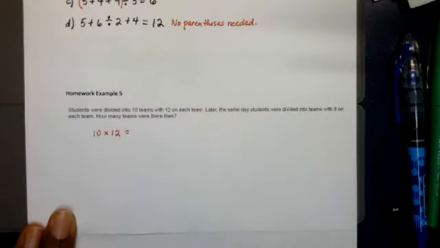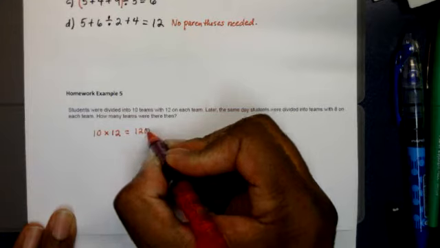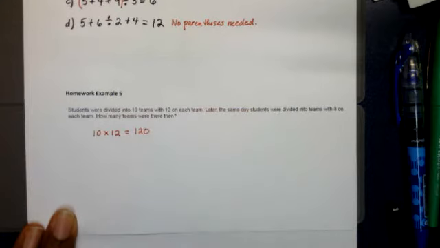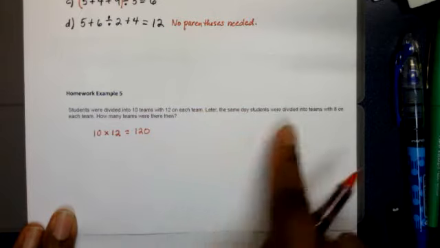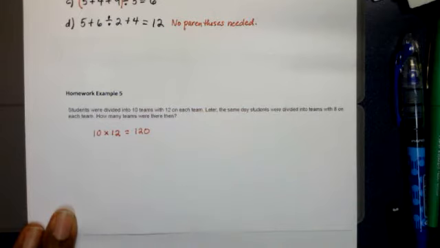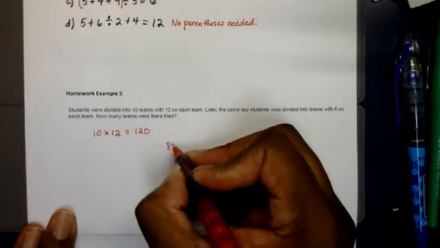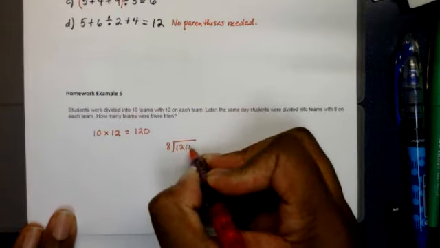If I multiply 10 times 12, that's going to be 120. So there were 120 students altogether. Later that day, those same 120 students were divided into teams of 8 on each team. So we're going to take 8, divide that into 120.